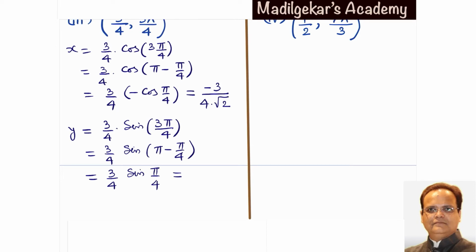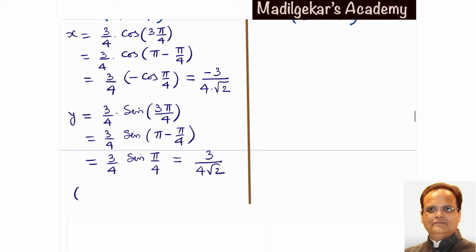Sine pi by 4 is 1 by root 2. So we get 3 upon 4 root 2. So the required Cartesian coordinates are minus 3 by 4 root 2, comma 3 by 4 root 2.